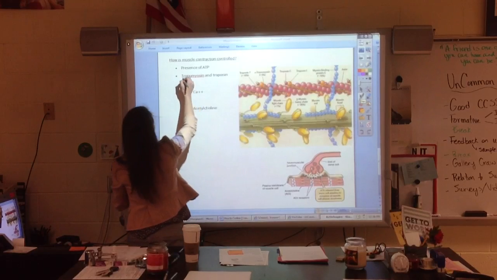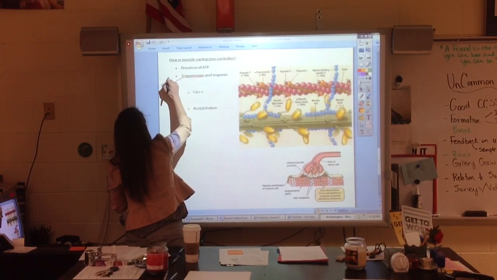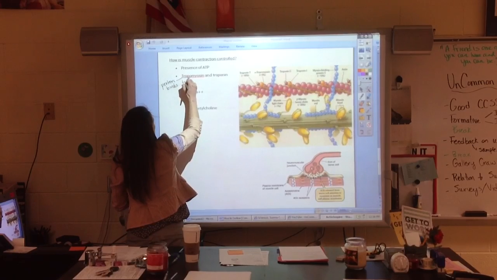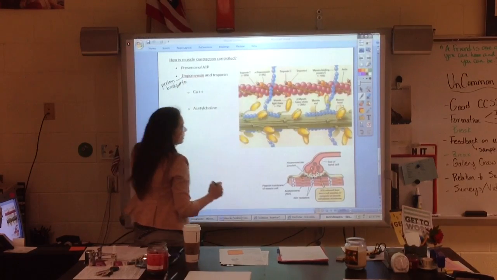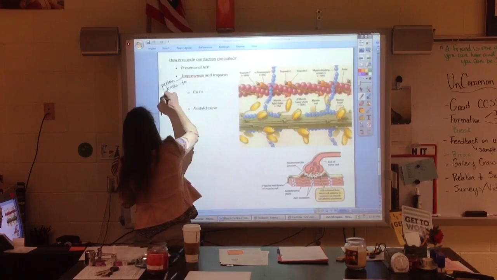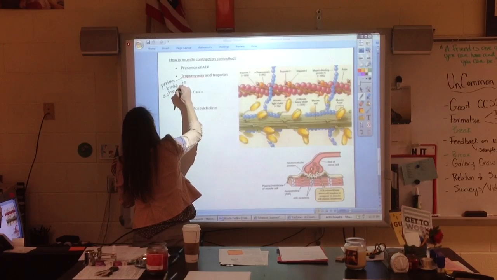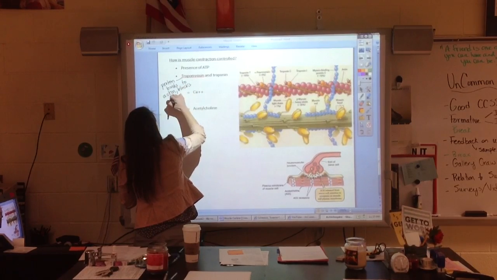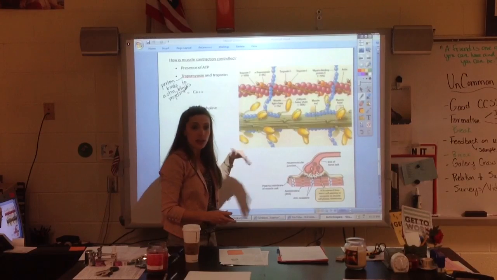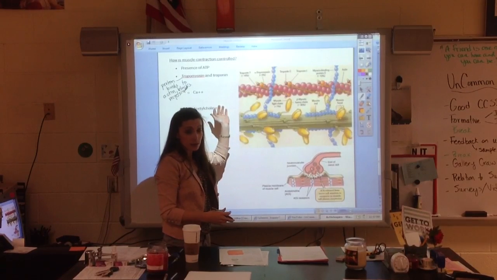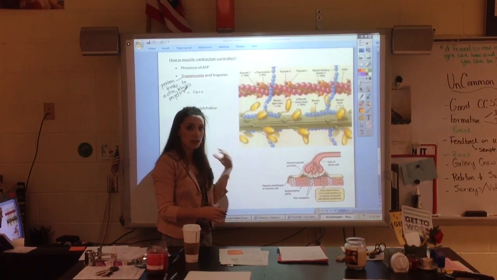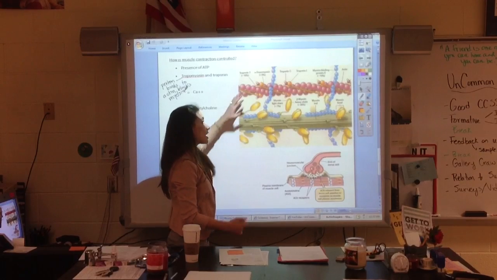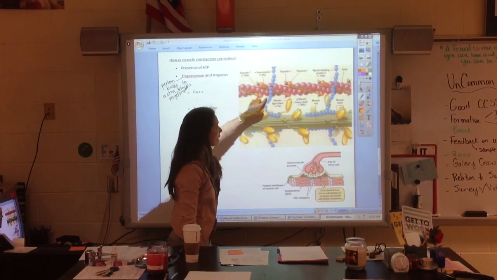The first is tropomyosin. Tropomyosin is a protein that binds to the actin and blocks myosin. So the way that we control whether this is happening is we keep muscles in a relaxed state by blocking the myosin head from binding.